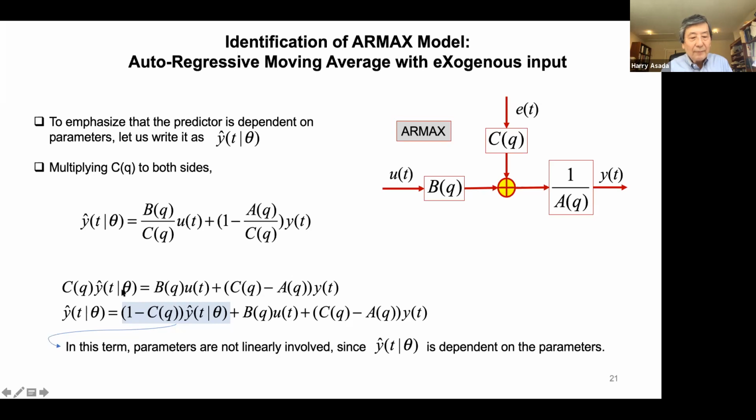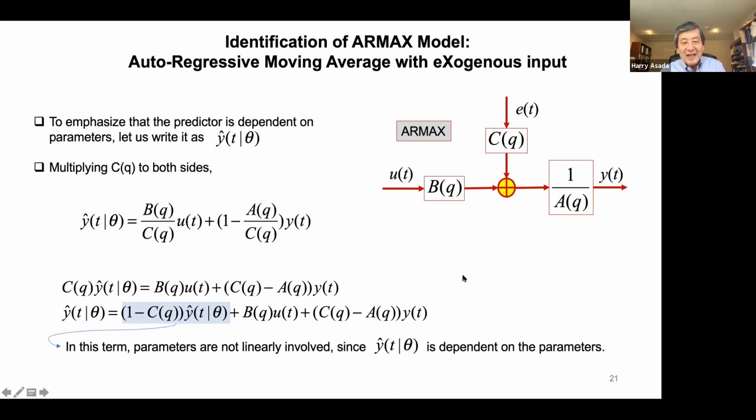We like to move this to the right-hand side, except for the first term, which is y hat t theta. The rest of the part must be moved here. That's why 1 minus C(q), since C is monic, starts with y hat t minus 1. The rest of the part is B(q) u t, and then this one.